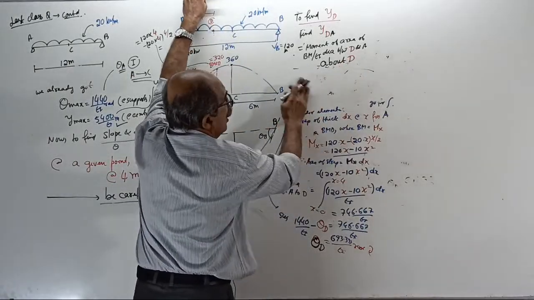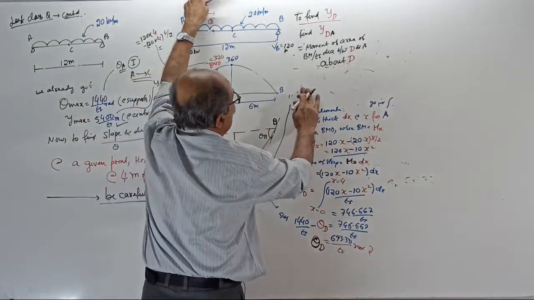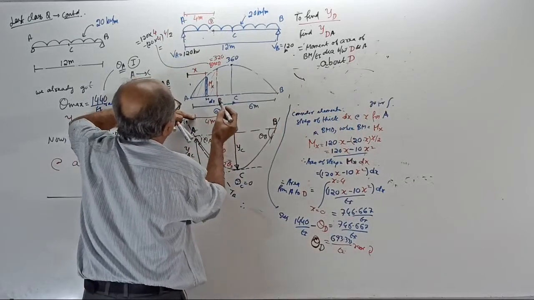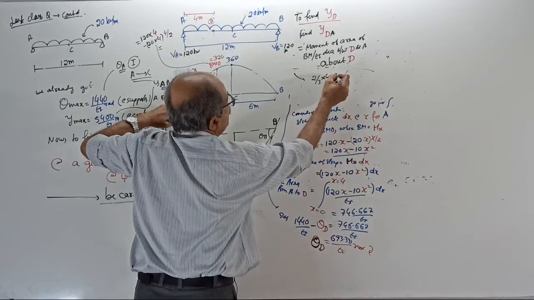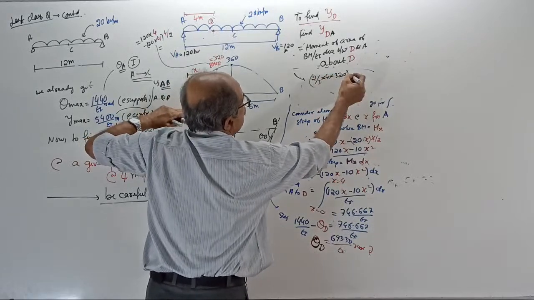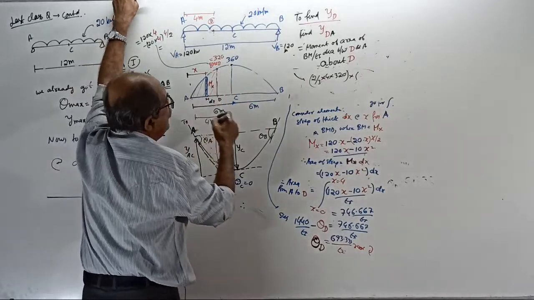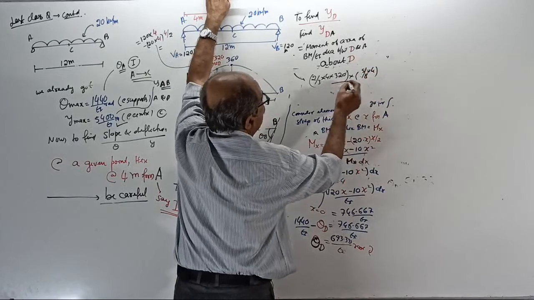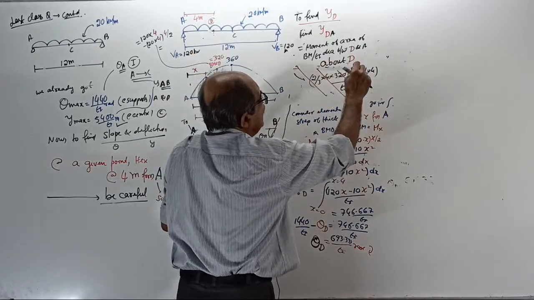Now, only with improper knowledge or without knowing the basics, they will write 2/3 of 4 into 320, into 5 by 8 of 4, by EI, which is mercilessly nonsense.